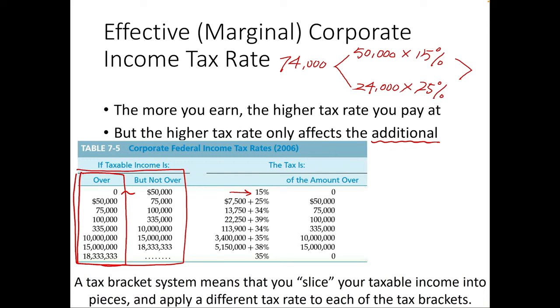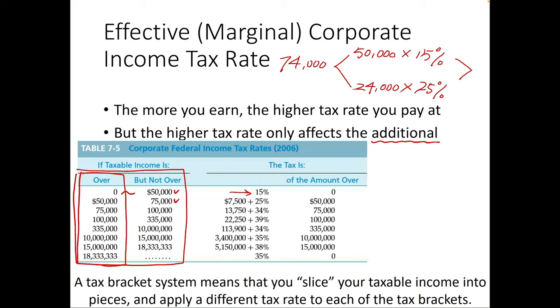But if you earn more than 50,000 but under 75,000, then you need to fill up these two brackets. The first 50,000 you earn will be multiplied by the 15% to have one part of your tax.